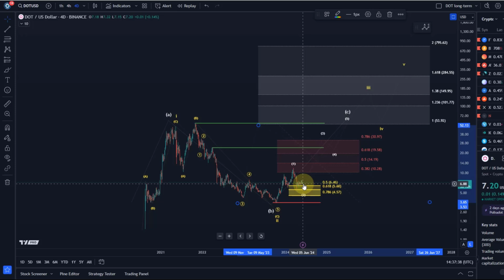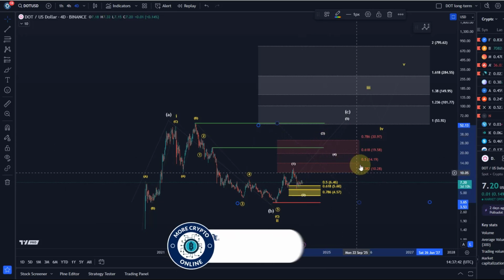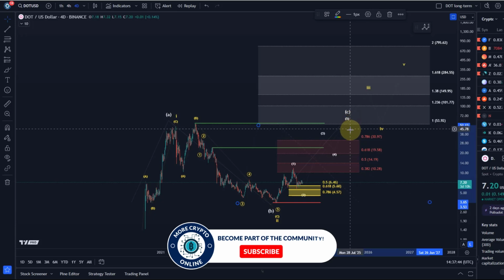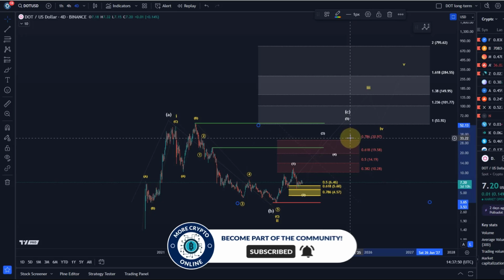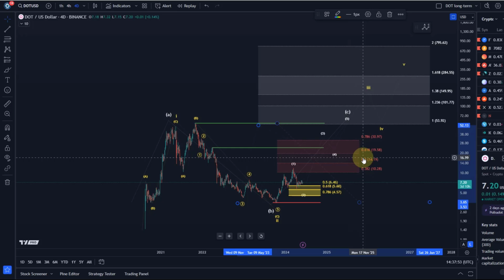But if the low is really in and is confirmed, then I can give you targets for the third wave, the fourth and the fifth. And then we can specify that even further as soon as the third wave is topped. Then I can give you a support area, or target for the fourth wave. And then if the fourth wave is in, we can calculate the target for the fifth at any point, always rolling up the relevant support levels and so on.